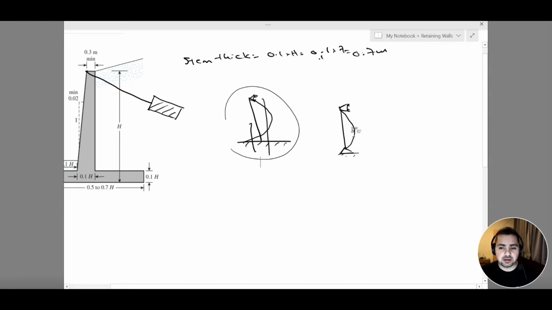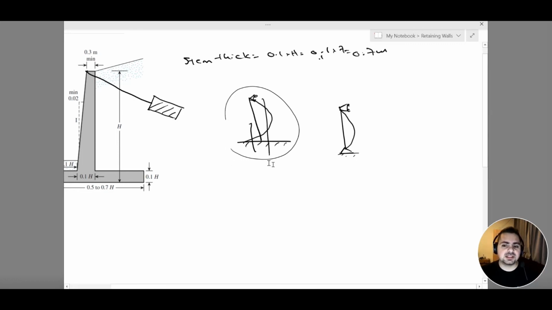Now, if we have a pin, we are going to add reinforcement here from one side, but we are also going to add reinforcement from the other side as temperature and shrinkage reinforcement. So this is why it's very important to draw our analytical model for our retaining wall system, or any structural system, to understand the behavior of our wall and to differentiate between the behavior of the different retaining wall systems.